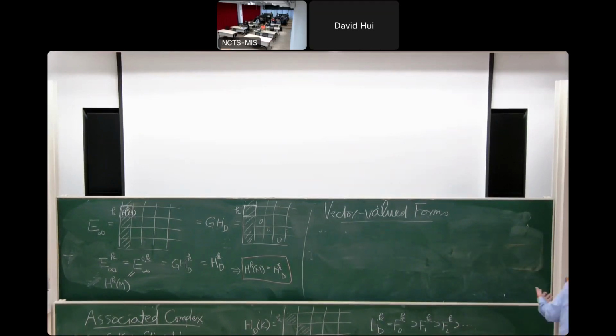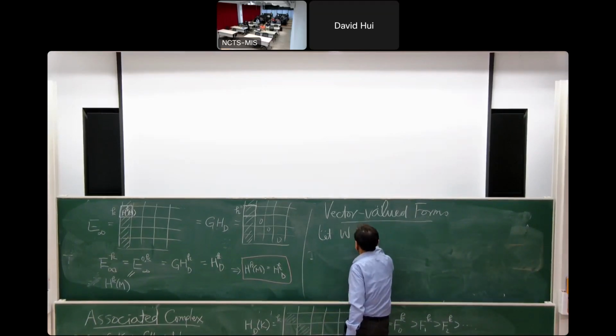So, well, I mean, it's really very straightforward. So let W be a vector space.